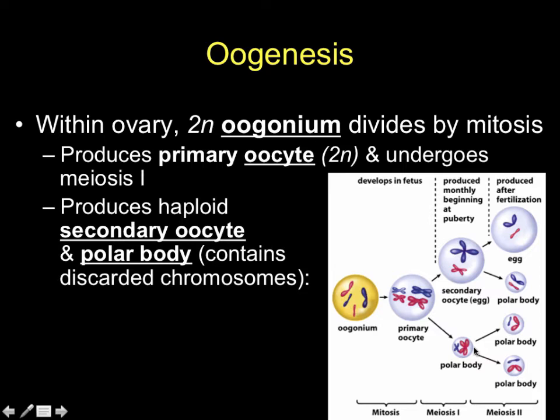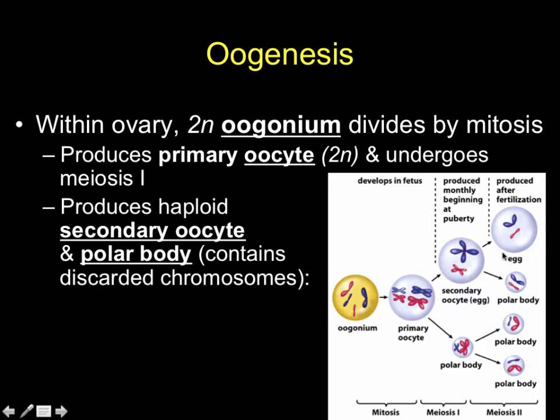A polar body is nothing more than a set of discarded chromosomes. The chromosomes that were not packaged into the secondary oocyte are packaged into a polar body, and that polar body, once it eventually goes through meiosis 2, is going to be broken down and not really used for anything. It's not actually a contribution at all to the reproductive process. Those chromosomes in those cells are just broken down.